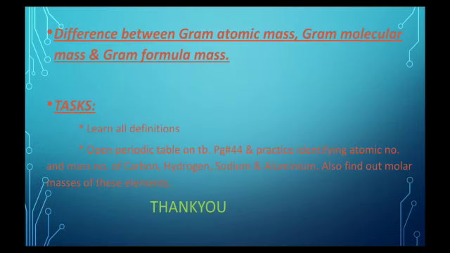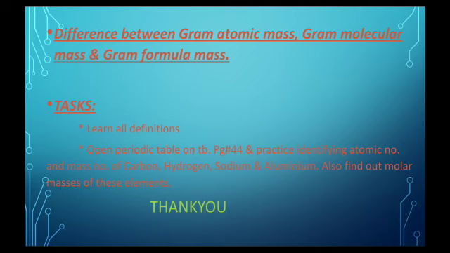Clear? Next is the difference between the gram atomic mass, gram molecular mass and gram formula mass. It is very easy, and by knowing their names we can find out the differences. The atomic mass is used for atoms, gram molecular mass is used for covalent compounds, and formula mass is used for ionic compounds.